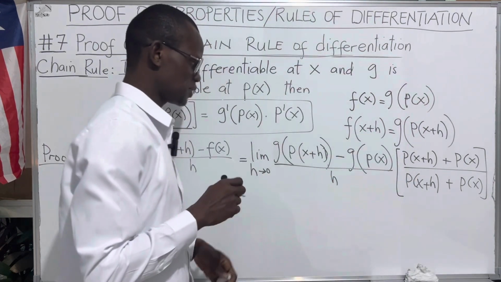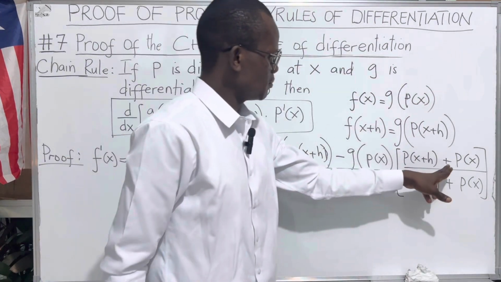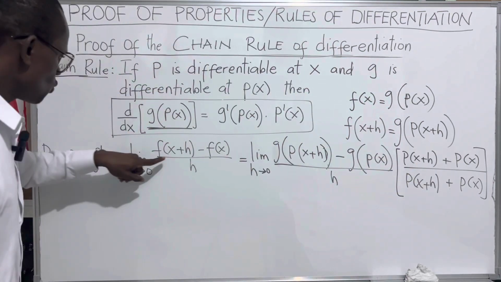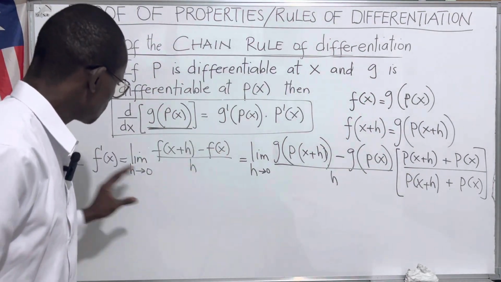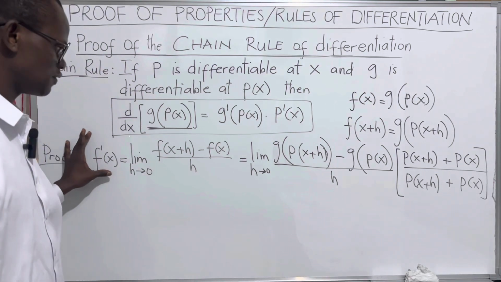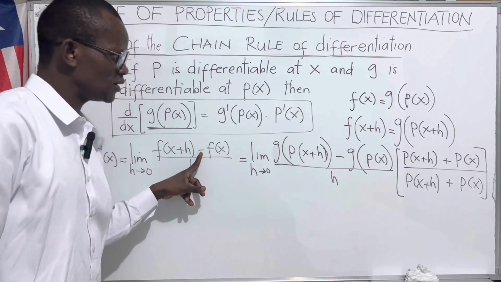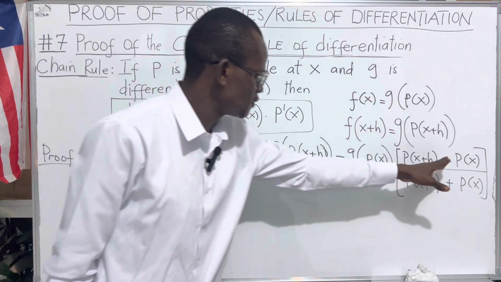Now, notice something. If I'm using plus here, I know that the original definition of derivatives does not have a positive in between. It has a negative.